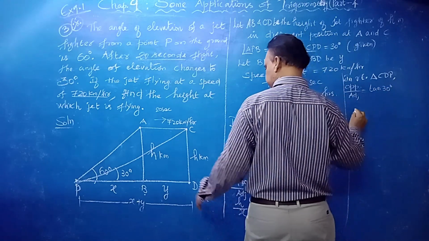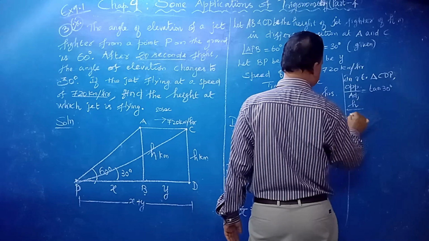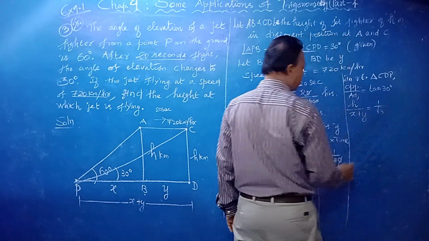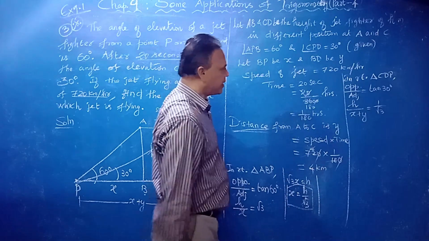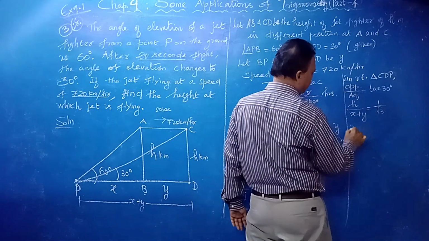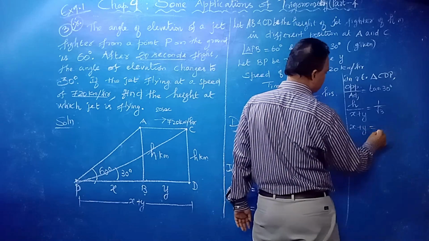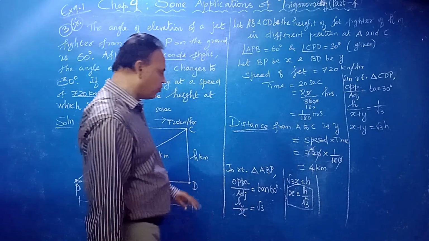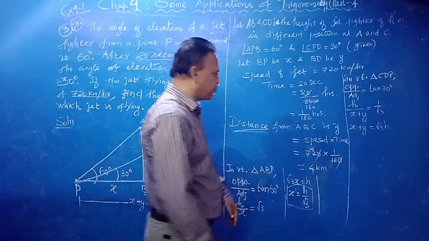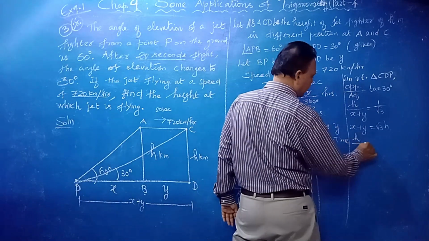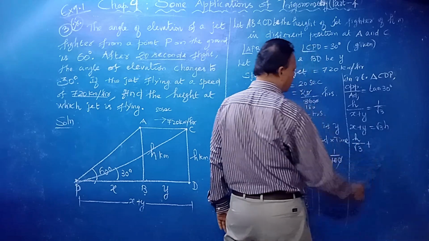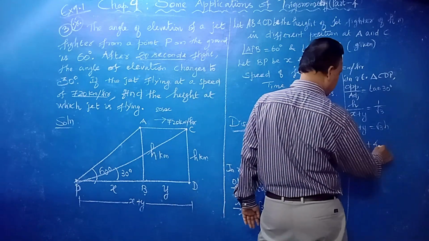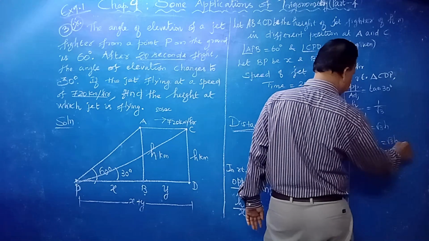What is the opposite here? H. What is the adjacent? X plus y, that is equal to 1 by root 3. Now cross multiply, that is x plus y is equal to root 3h. Now you replace it. What is x here? H by root 3. Plus what is y? Y is 4. Is equal to root 3h.